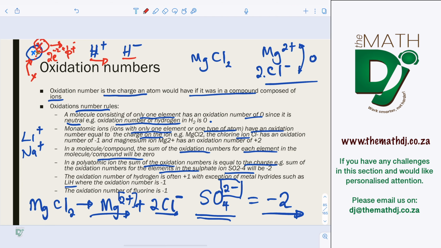So in this case, for lithium hydride, lithium is donating its electron to hydrogen. That's where the negative number comes from. We will discuss it more in our practice questions, so that some of these things become clearer as you work through practical examples and exam questions.